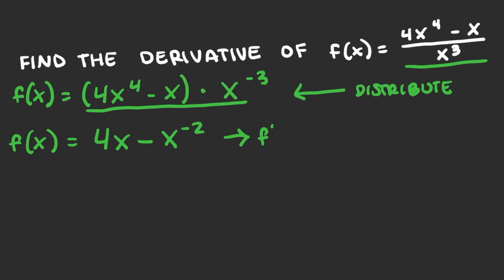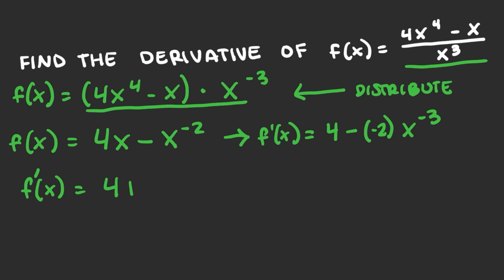So f prime of x for our first term would just be 4. And then we have minus, for our second term, negative 2 times x to the power of negative 3. And then if we simplify that a bit more, we have f prime of x equals 4 plus 2x to the power of negative 3.